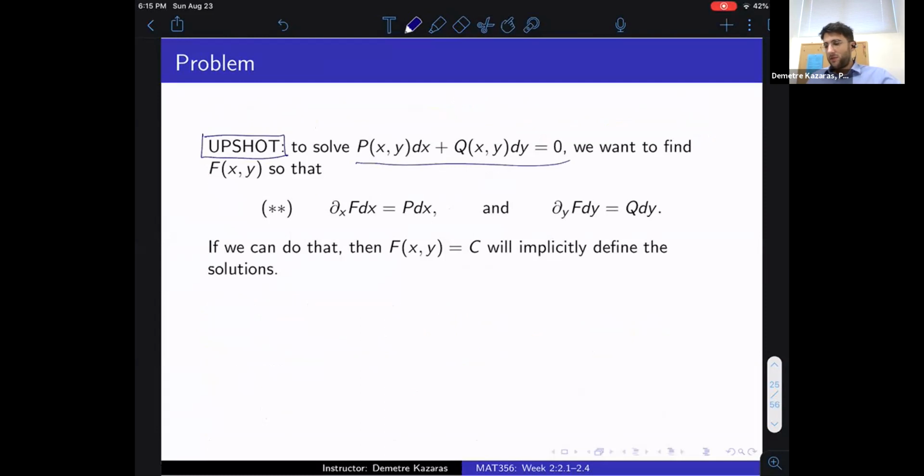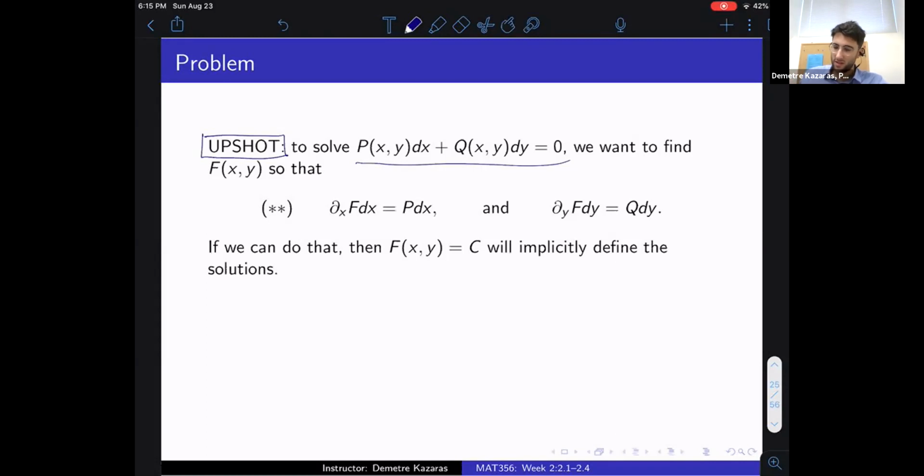Okay, so here is the general strategy. To solve this differential equation, which is written in a funny differential form, P dx plus Q dy is equal to 0, we want to find a capital F of x and y so that its differential is the left-hand side of the equation.